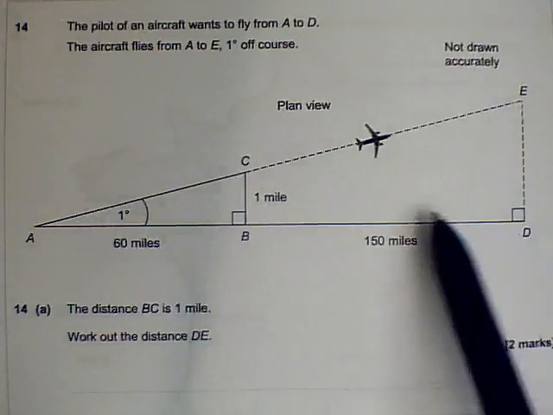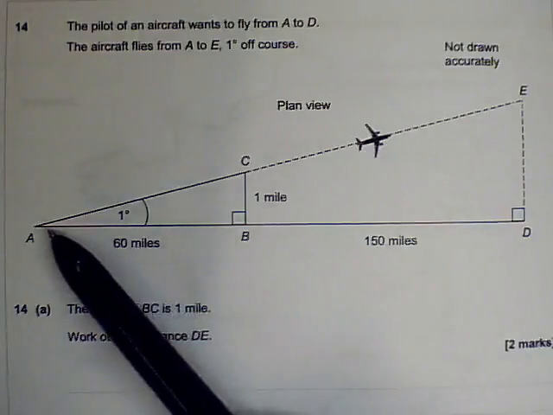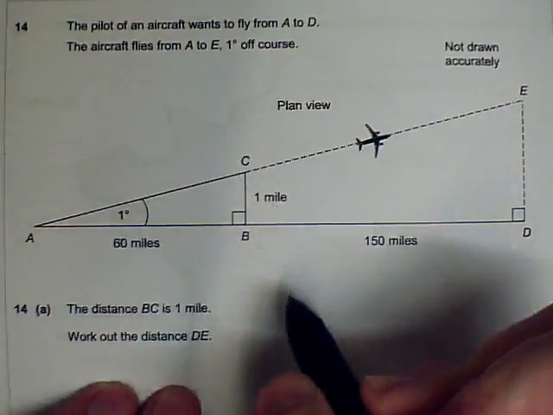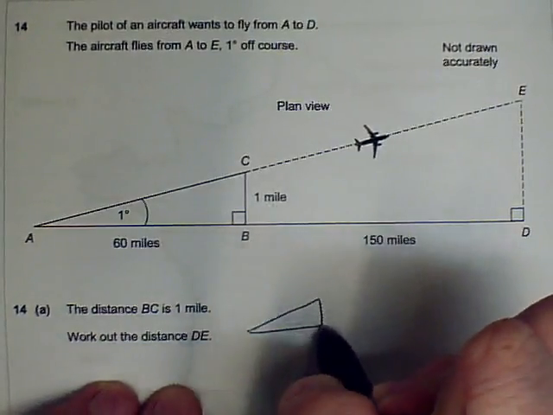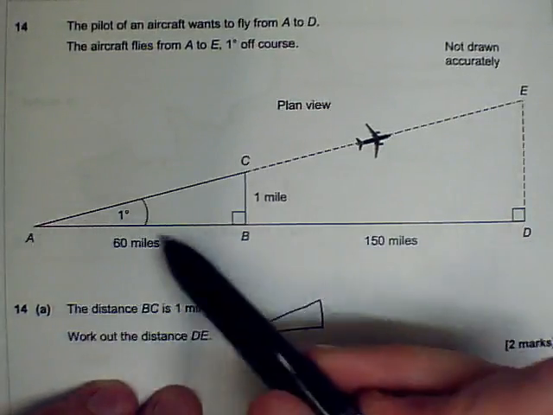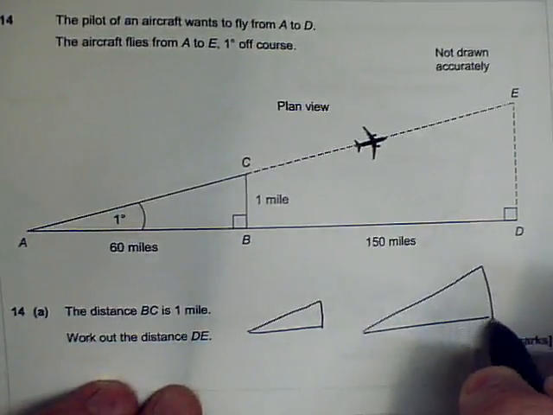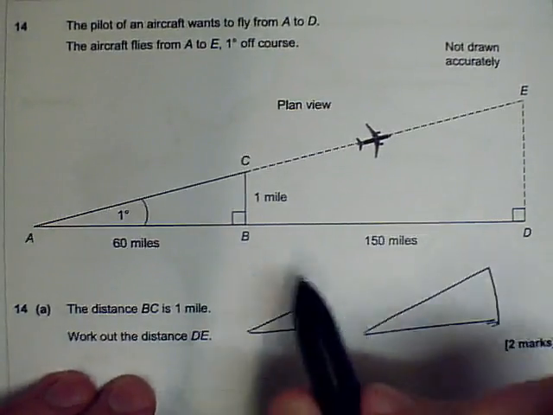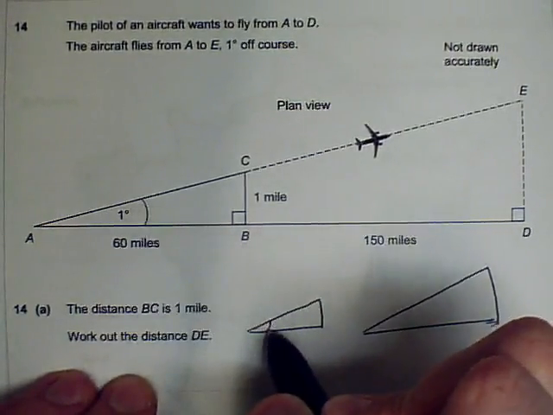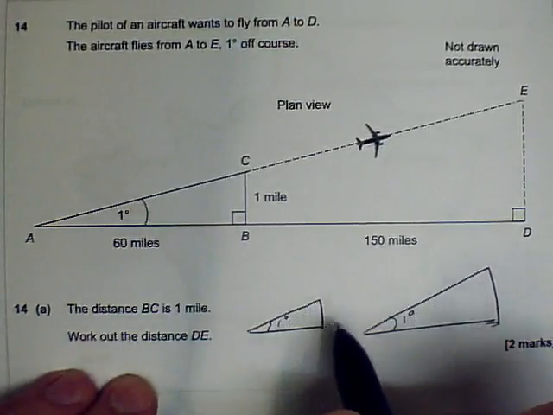So what we should recognize is that this is two similar triangles. We have the smaller triangle here, which looks like that, and we have the big triangle here. Now, both triangles have the same 1 degree angle.